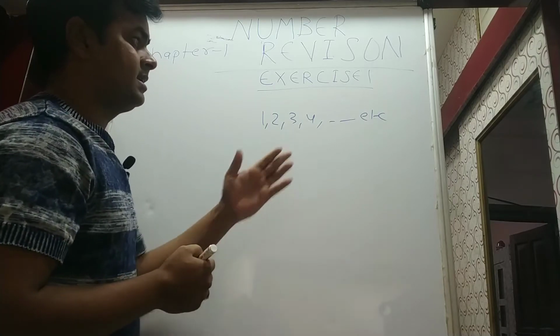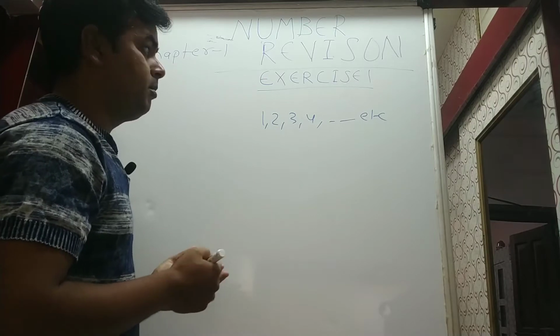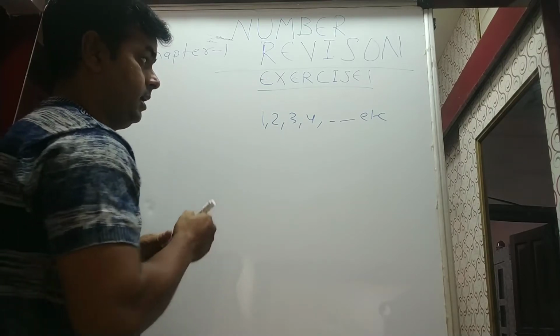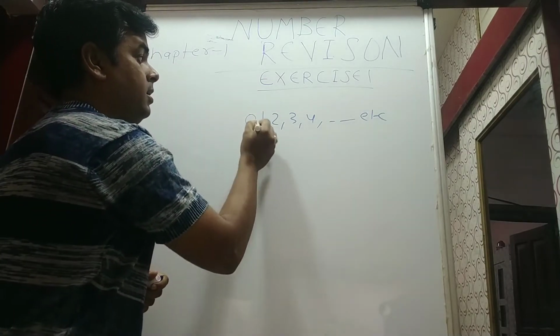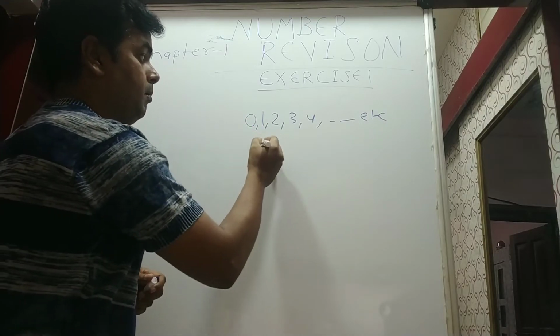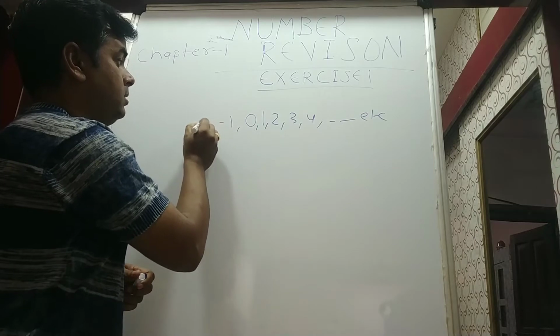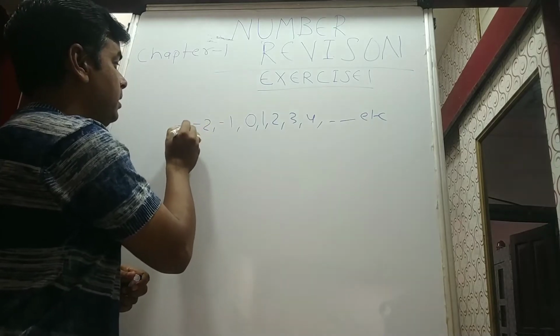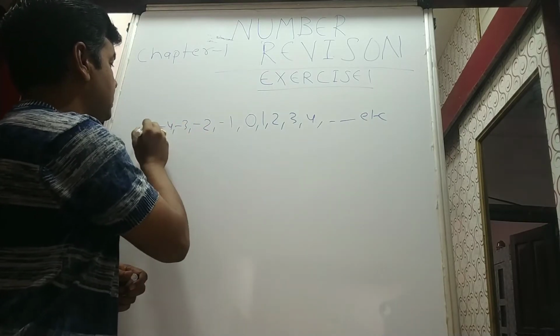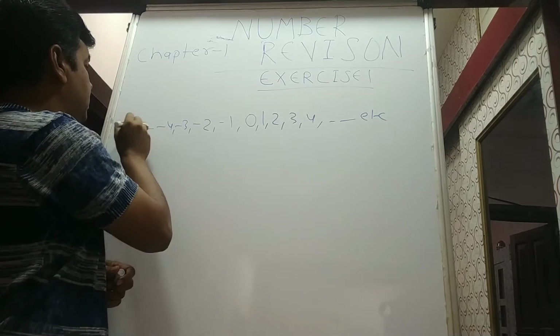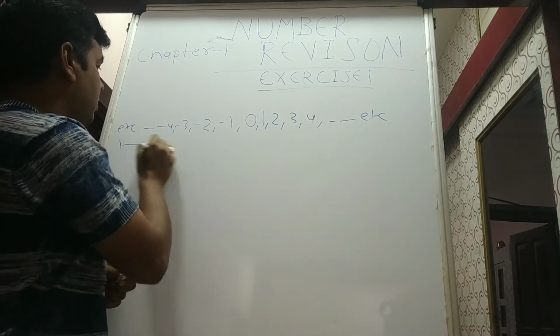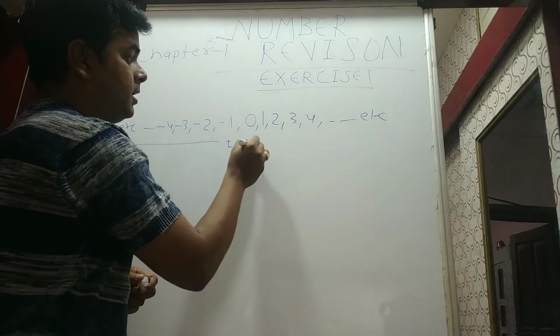So the exact greatest natural number we cannot say. If we add a 0 to this, that will be the whole numbers, and if to this we add the negative numbers, this is completely called integers.